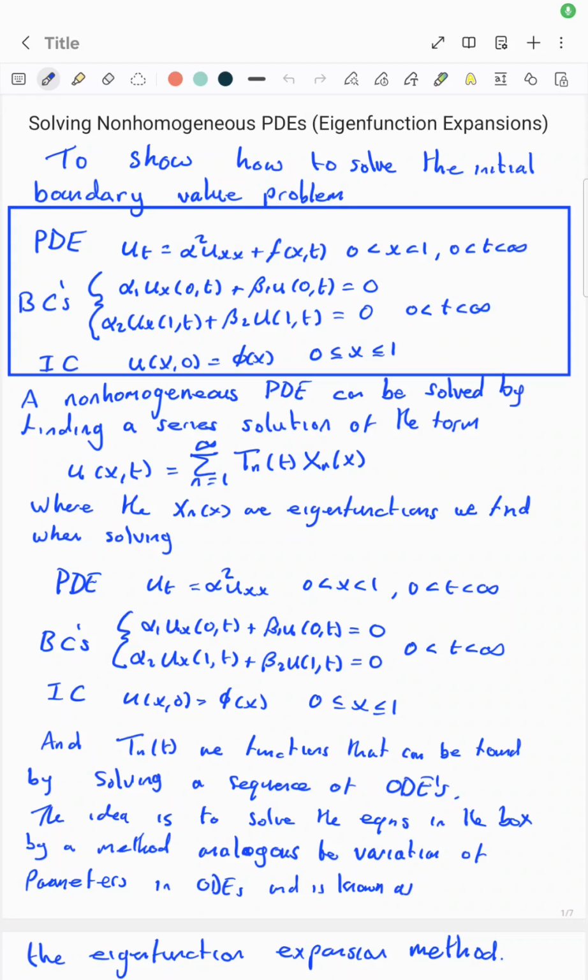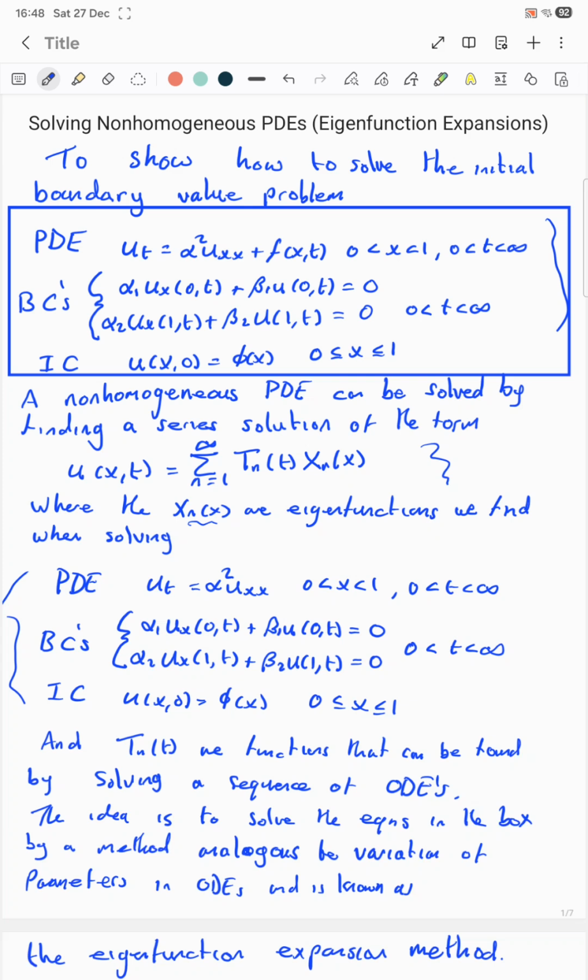Now we're solving non-homogeneous PDEs, i.e. eigenfunction expansions. To show how to solve the initial boundary value problem given here, a non-homogeneous PDE can be solved by finding a series solution of this form, where the Xn of x are eigenfunctions we find when solving this, and Tn of t are functions that can be found by solving a sequence of ODEs.